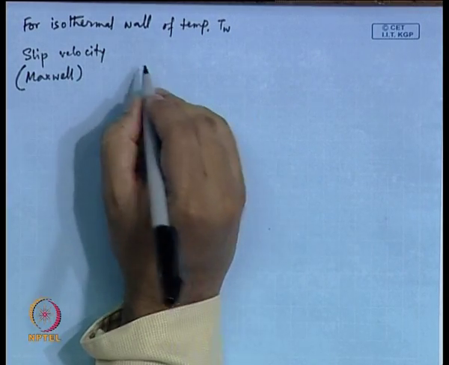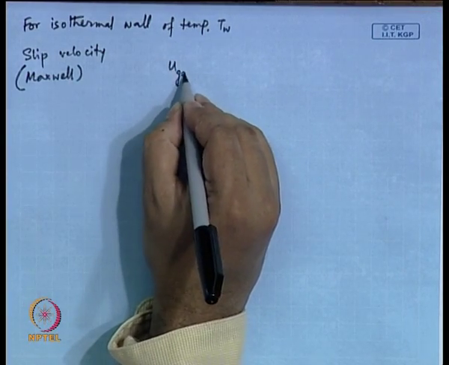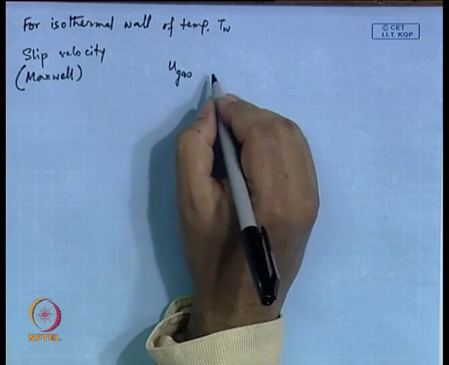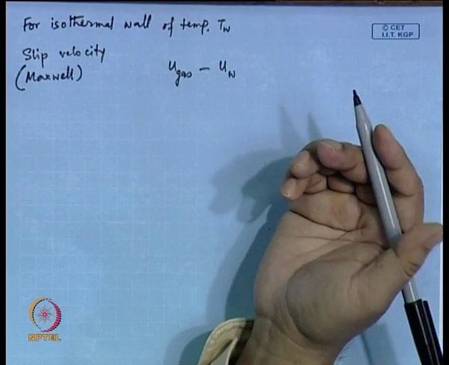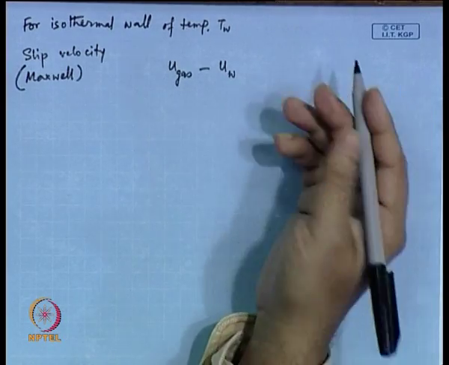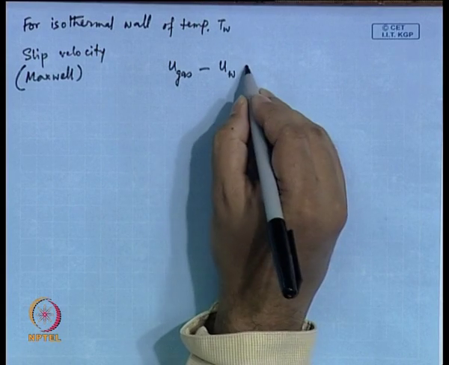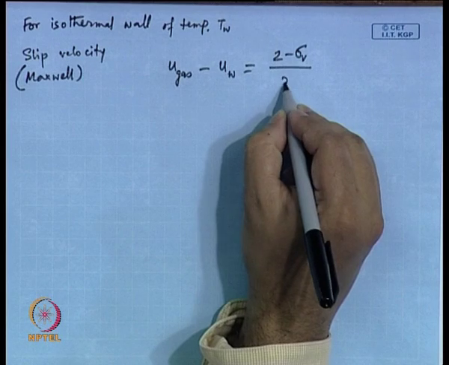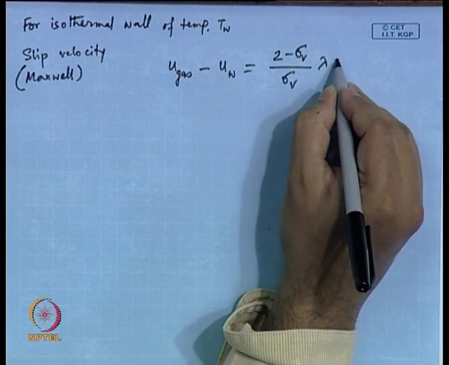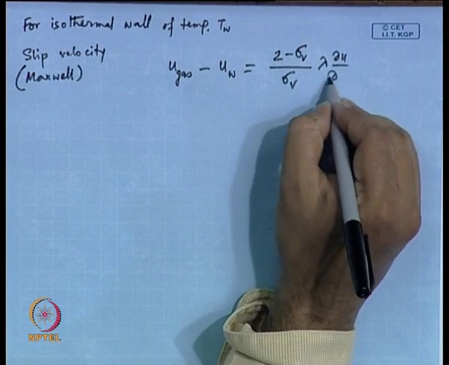This gives u gas, which is the slip velocity, minus u w, which is the velocity of the wall. If you think the wall is fixed, then you will consider u w to be 0, no problem. This equals (2 minus sigma v) divided by sigma v, times lambda, times del u del y.